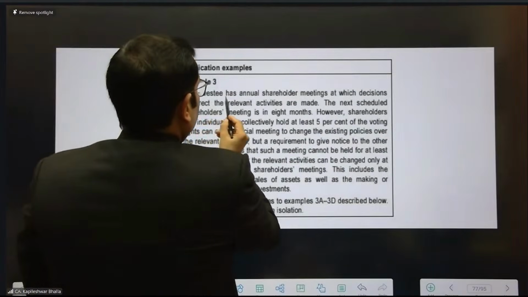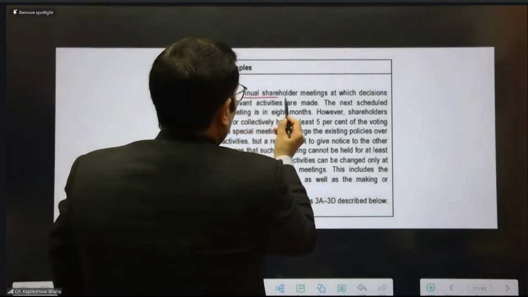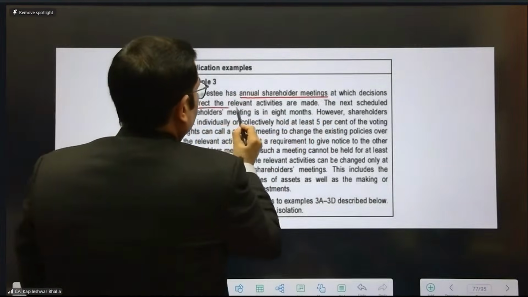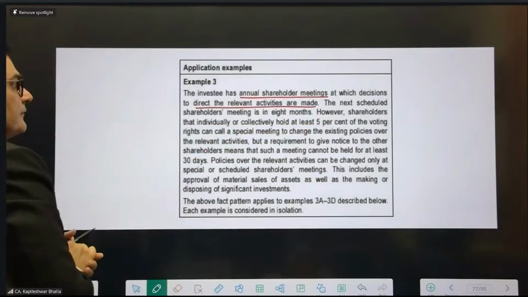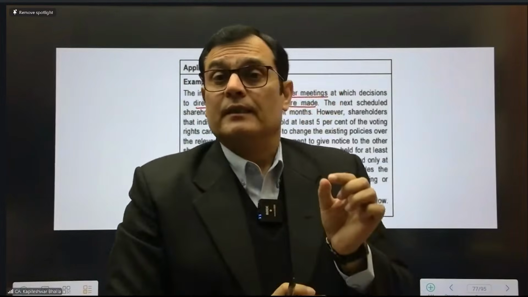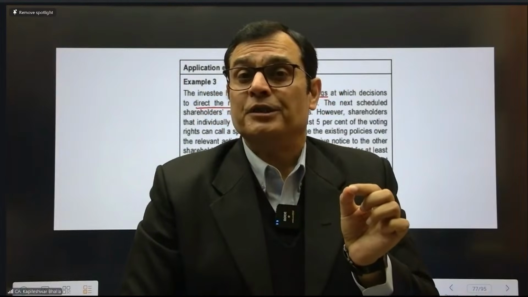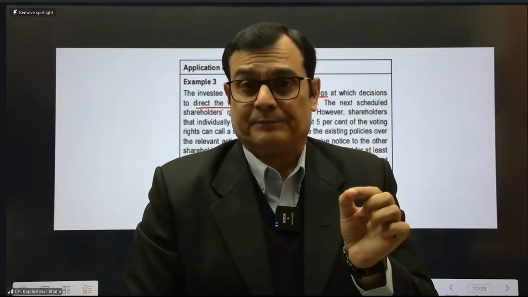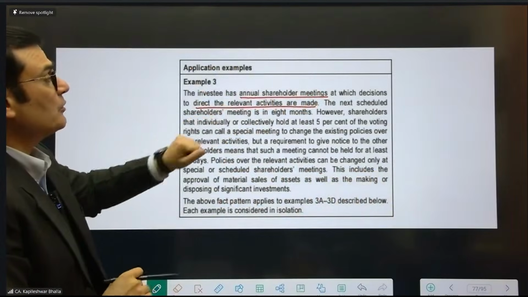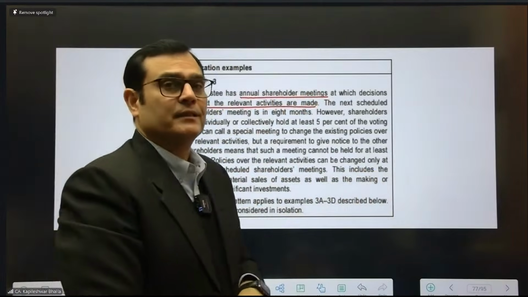It says the investee has an annual shareholder meeting at which decisions to direct relevant activities are made. Now, my quick question at this stage: the company has an AGM, annual shareholders meeting. So in the annual shareholders meeting, the decisions to direct relevant activities are taken.